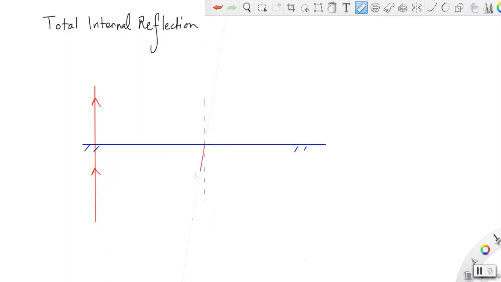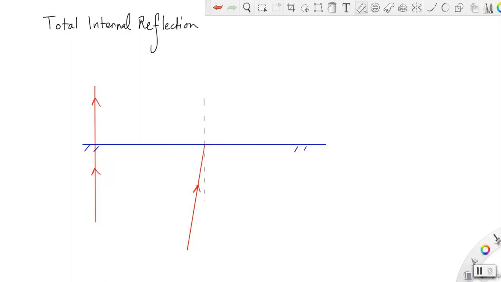So we're going to come in with an angle of 10 degrees with respect to the normal, 80 degrees with respect to the horizontal. And then if we run our calculations with the index of refraction of water at 1.33 and the index of refraction of air at 1, we get 13.4 degrees, so not a significant deviation.